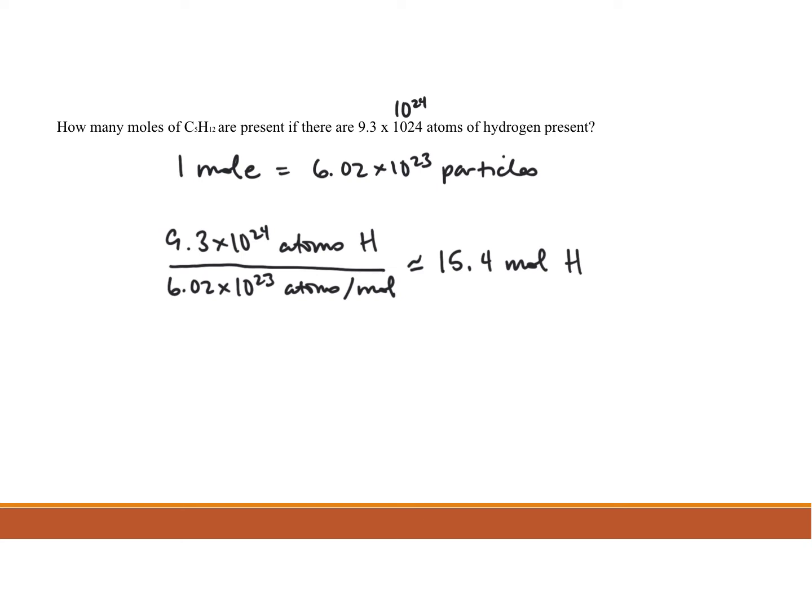So if you're looking at the formula, for every 1 mole of C5H12, you are going to have 12 moles of hydrogen.